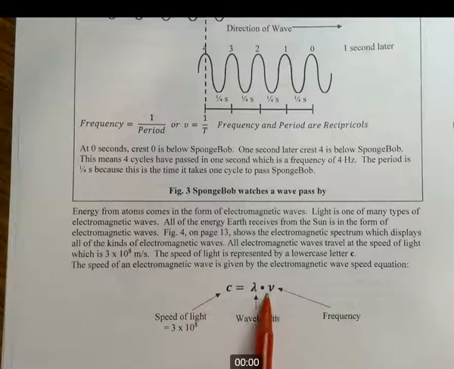And if wavelength gets much shorter, then frequency will get higher. So these two are inversely related, and they always have to multiply to be 3 times 10 to the 8th. That's only for electromagnetic waves, but that's the only kind of wave that we're going to be talking about.